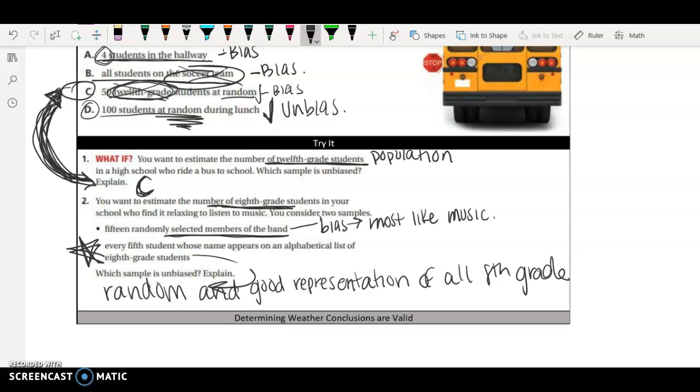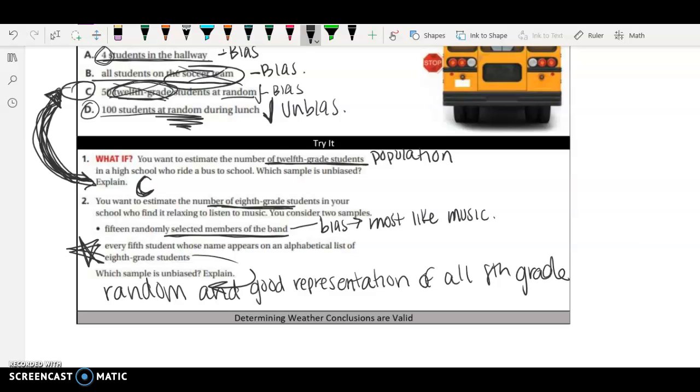Number 2, you want to estimate the number of 8th grade students in your school who find it relaxing to listen to music. You consider 2 samples. You have 15 randomly selected members of the band, or you have every 5th student whose name appears in alphabetical order of 8th grade students. So the first one is biased because most people in band like music. So I would already assume that most of them would find it relaxing.